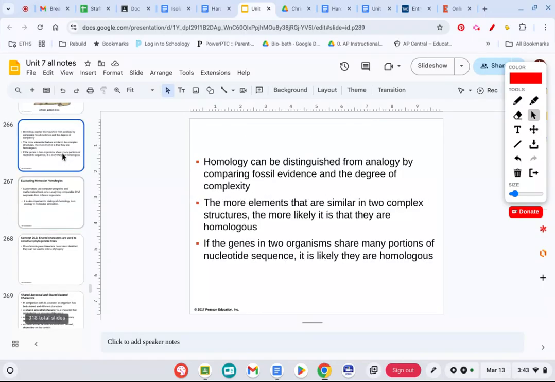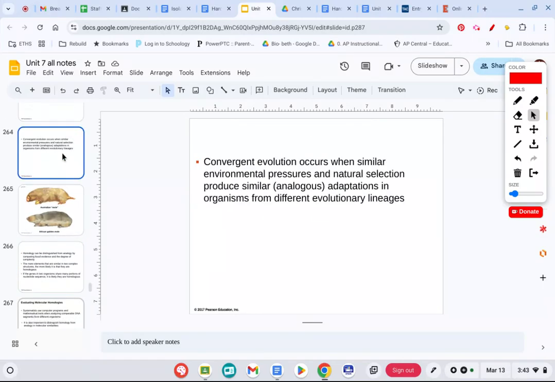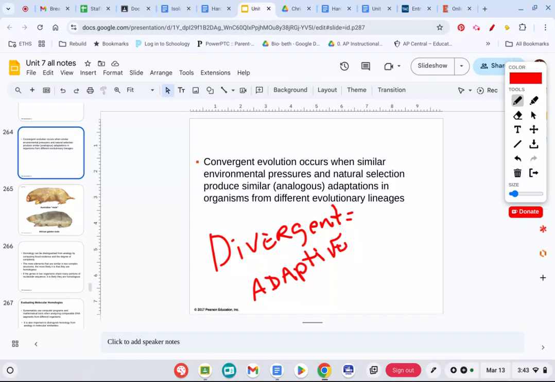The one thing that's not on here that I feel like should be is, so we've got convergent evolution, and then the other word that you sometimes hear is divergent. And divergent is like that adaptive radiation that we talked about. So the idea is that you start with one species, but then, some of us are good runners, some of us are good swimmers, some of us are neither.